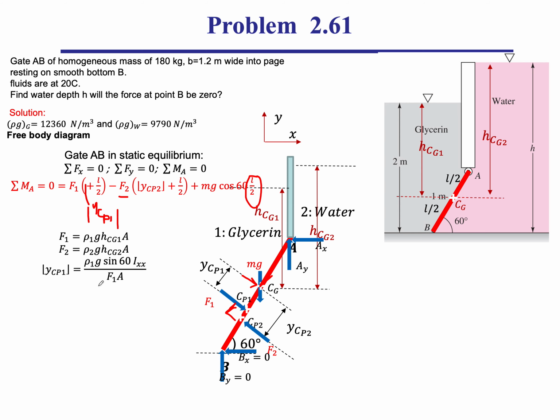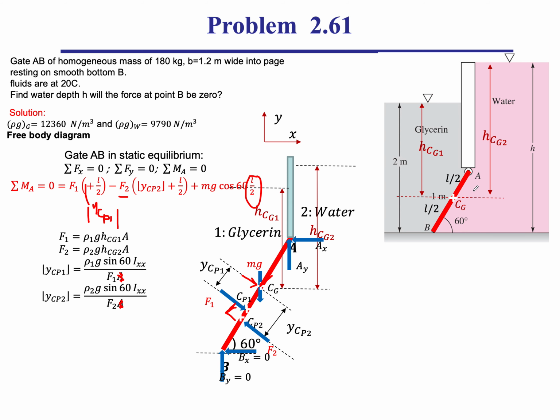Here we have a rectangle, so it's rho g sine of the inclination angle times the IXX divided by the F. There is no A here. Too many typos. Okay, so it's just divided by the F1. So that's also F1. And same thing for YCP2: rho 2 g sine 60 multiplied by IXX.